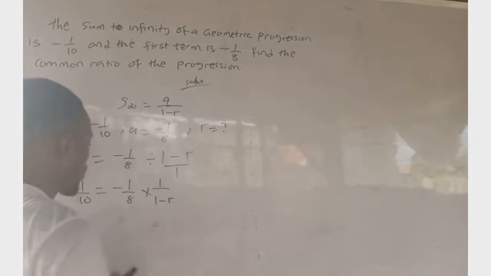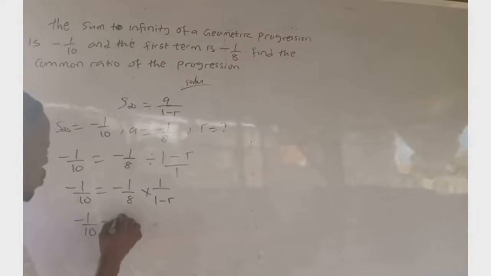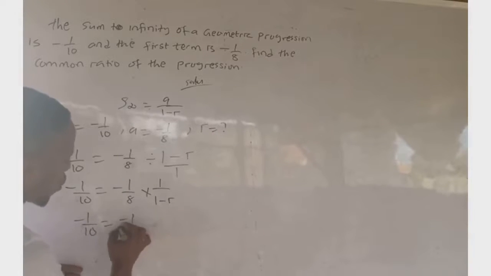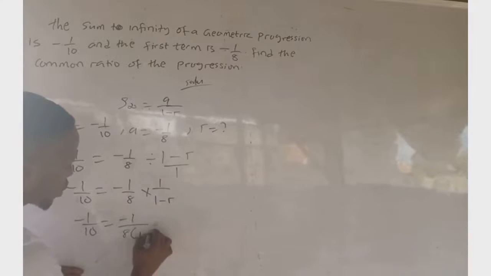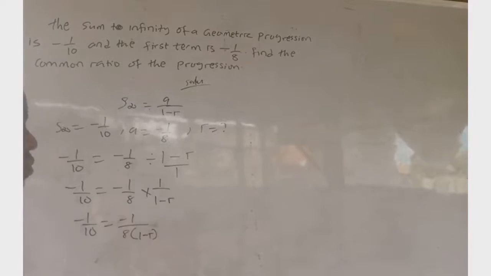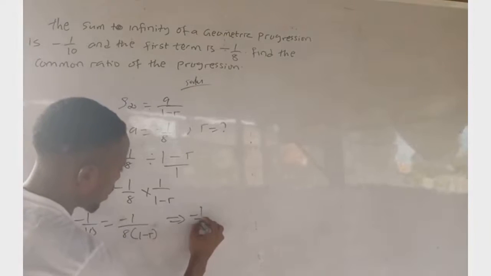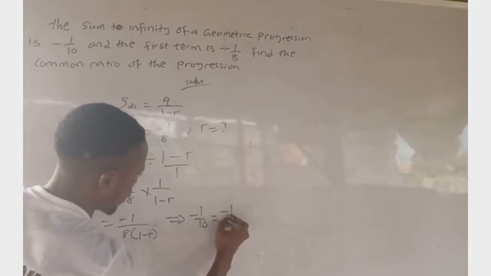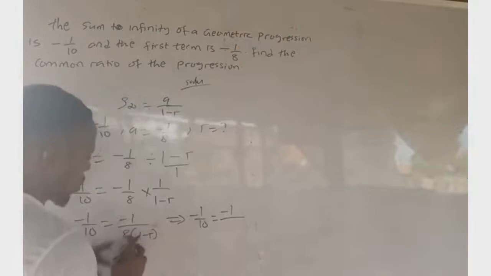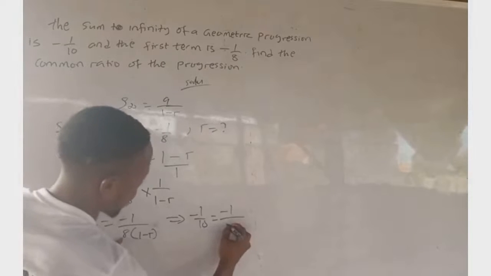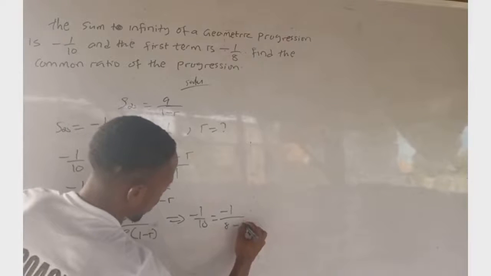Let's multiply this. Minus 1 times 1 gives us minus 1. So minus 1 over 10 is equal to minus 1 over 8 times the bracket 1 minus r. Eight times 1 is 8, and 8 times minus r is minus 8r.